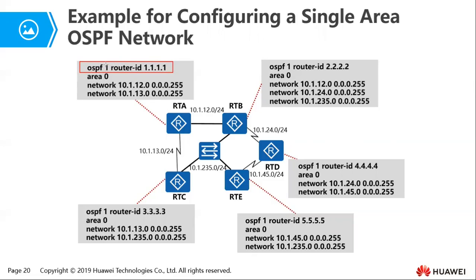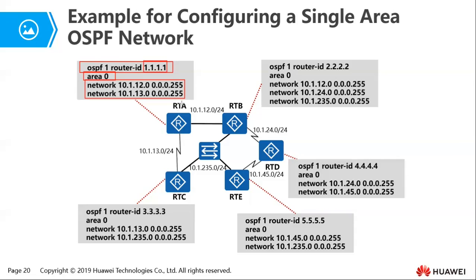OSPF 1 is the process ID, then router ID, and then you give it the router ID. As I've explained earlier, when you're configuring router IDs, please use the router number. So if it's RTA, use 1.1.1.1, or RT1, use 1.1.1.1. Then you have to specify the area. After that, you advertise the networks using the network command, all the networks that you're attached to.